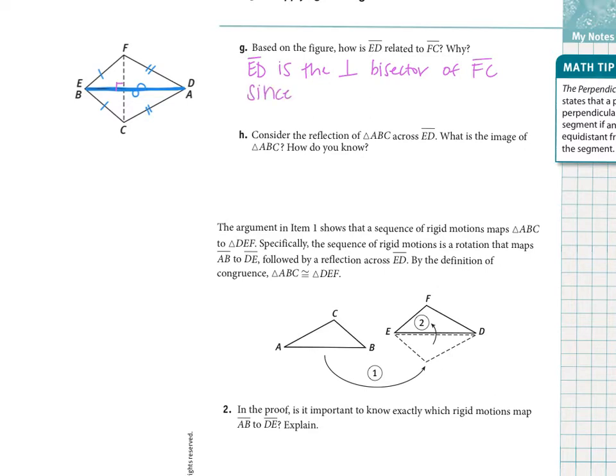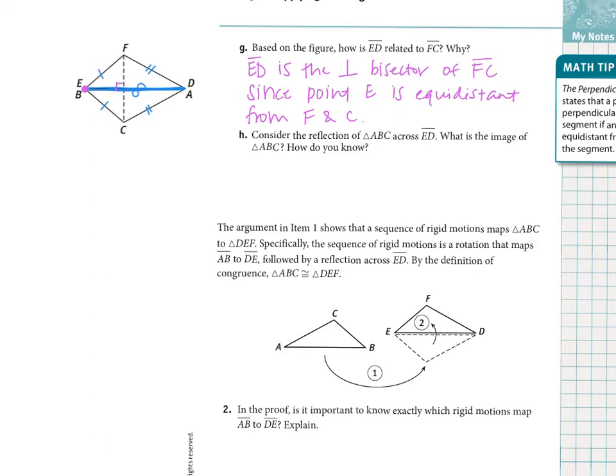Since point E is equidistant from F and C. So think about it. Point E, I could have said it was point B, but it's the same distance from F and C, right?